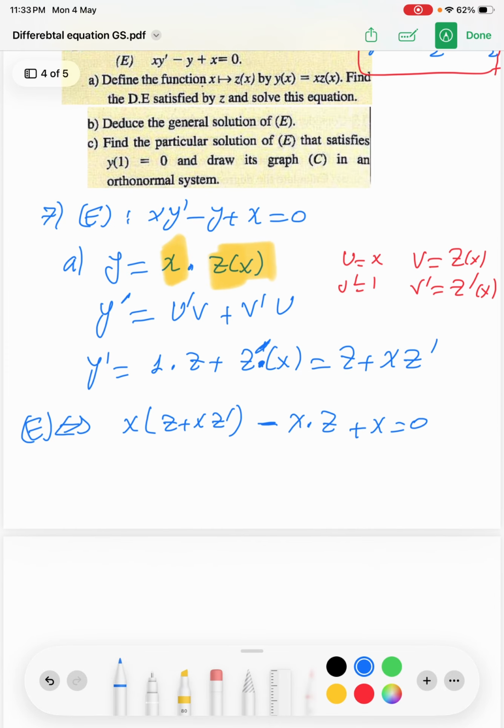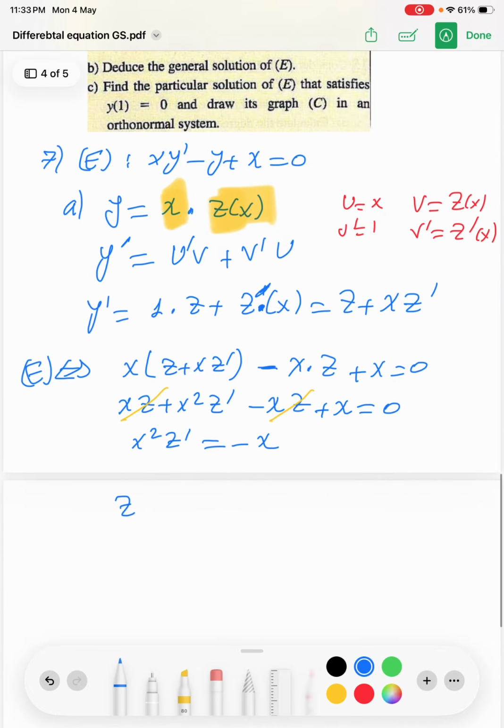After expanding: xz plus x square z prime minus xz plus x equal to 0. xz minus xz cancel each other, so x square z prime plus x equal to 0, meaning x square z prime equals minus x, z prime equals minus x over x square. It means z prime equals minus 1 over x.